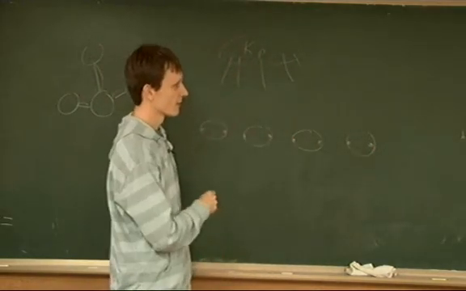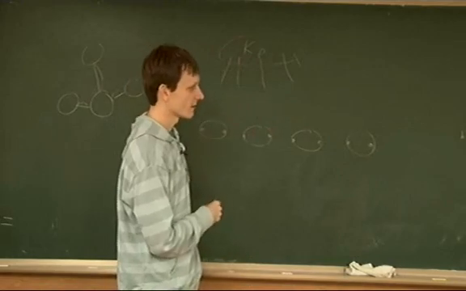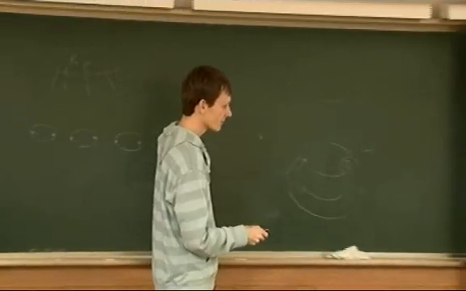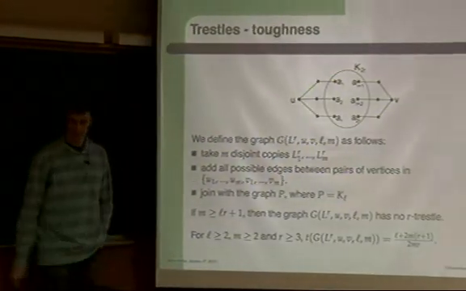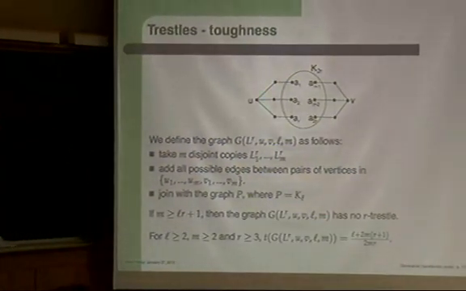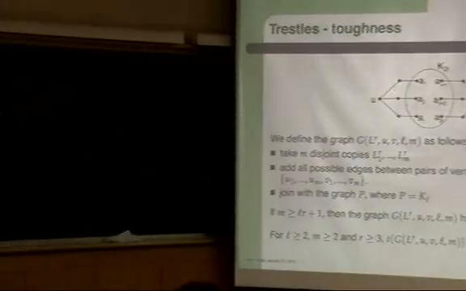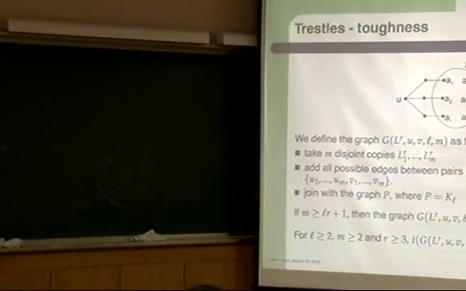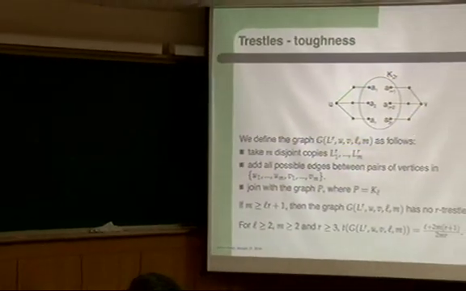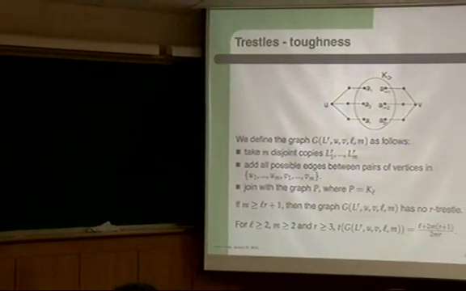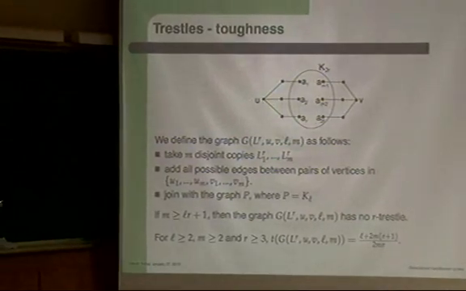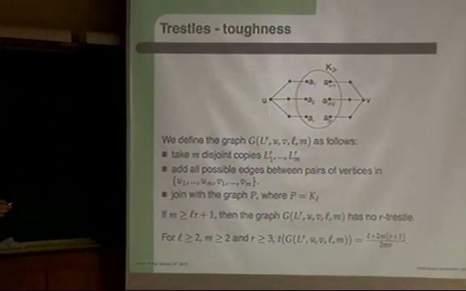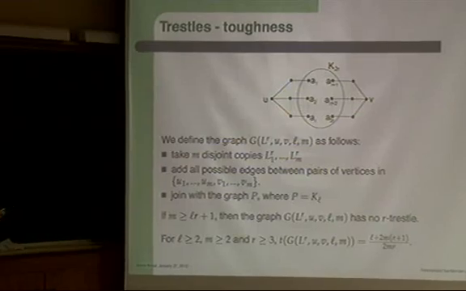So first, this graph shouldn't have an r-trestle if m is greater than L times (r plus 1). Why? Because if you look at the base graph, for a 3-trestle it looks exactly like this. If you have a 3-trestle in this graph, then the degree of this vertex is 3, and it has to be the same for v.